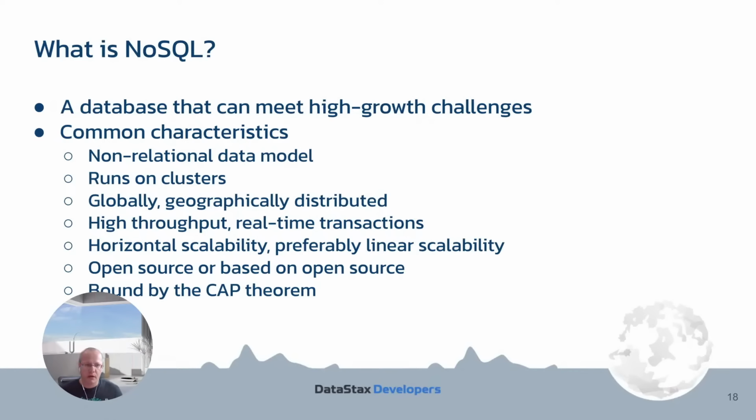So the data is distributed geographically, globally, and so on. High throughput: they can handle a large number of transactions. Also, horizontal scalability. You can basically add more nodes to your cluster, and you will have better performance. You are able to handle a larger amount of transactions or store a larger amount of data. They are also frequently based on open source systems, and they are bound by the CAP theorem that we will mention soon. We'll briefly talk about what it is.